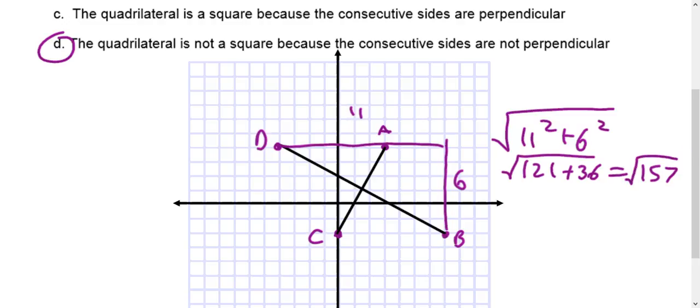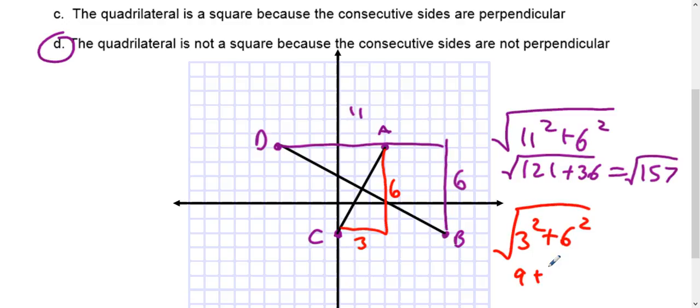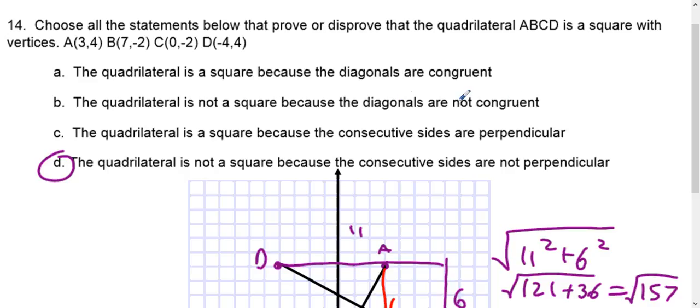For the other diagonal, that's a 3 and 6. 3 squared plus 6 squared, 9 plus 36, that's 45. So no, the diagonals aren't the same either. The diagonals are not congruent.